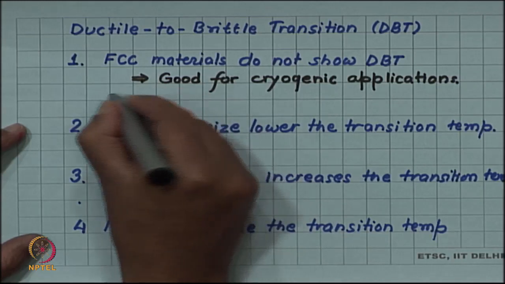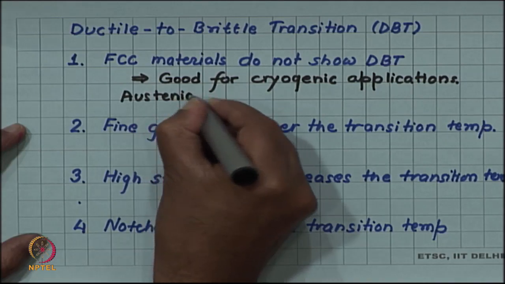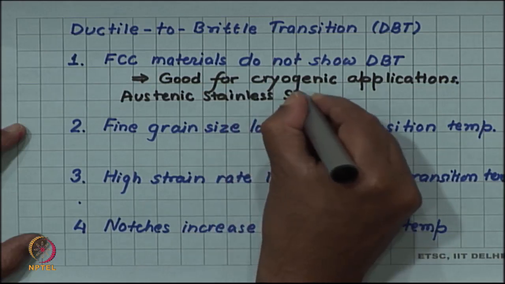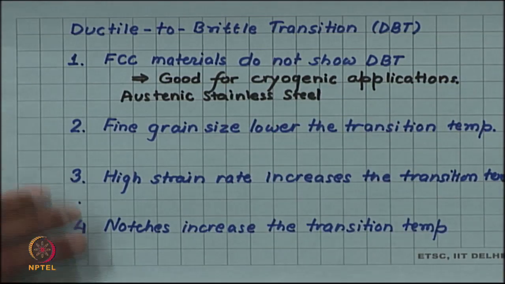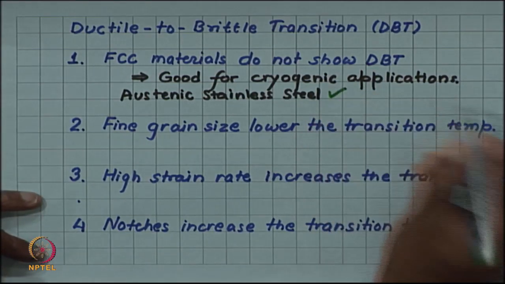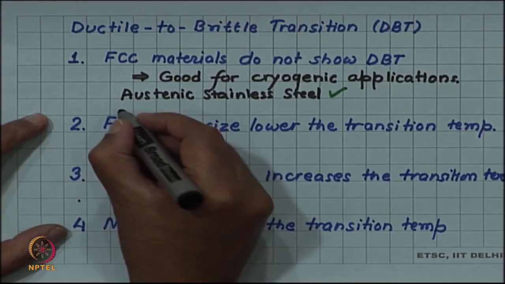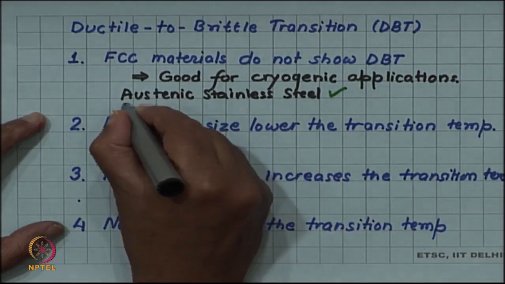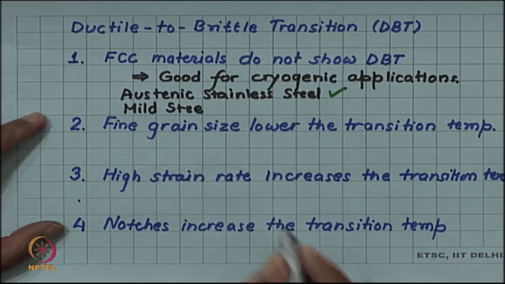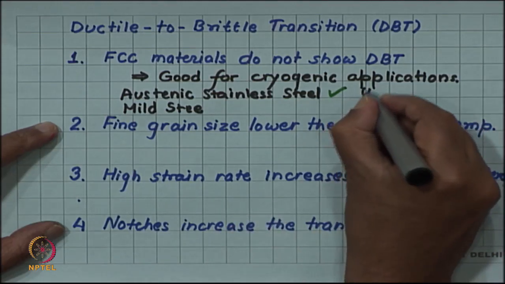So, for example, austenitic stainless steel will be good for low temperature application, but a normal mild steel will not be, because austenitic steel has austenite, which is FCC.